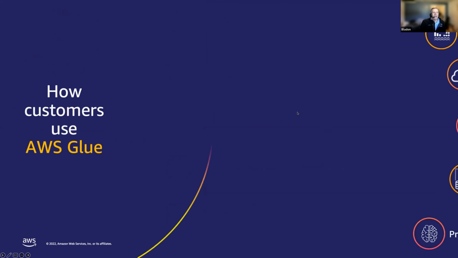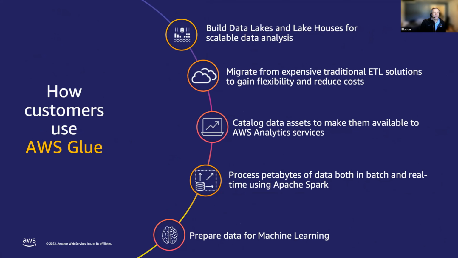So just some of the ways people are tending to use AWS Glue, and these are really just the typical workloads for ETL. Like we talked about in the beginning, obviously building out data lakes and lake houses for feeding and housing your data for a scalable data analytics platform and data pipeline.